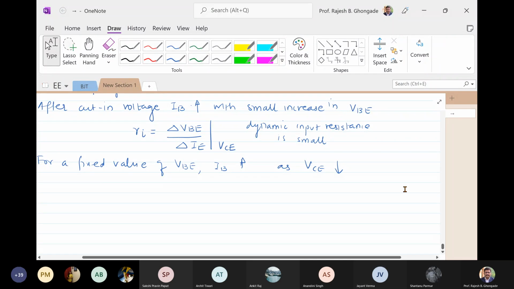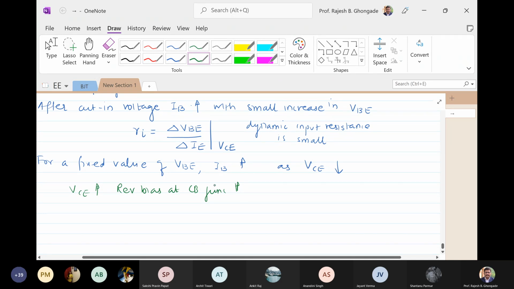Okay, so why does this phenomenon happen? It is because a larger value of VCE results in a large reverse bias at the CB junction. So if VCE is more, the reverse bias at the collector base junction is more. This will increase the depletion region and reduce the effective base width, which we have already seen.